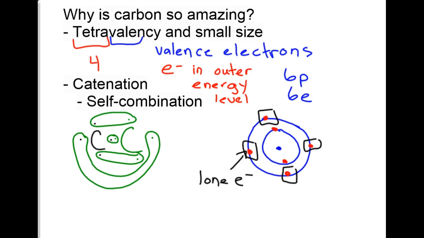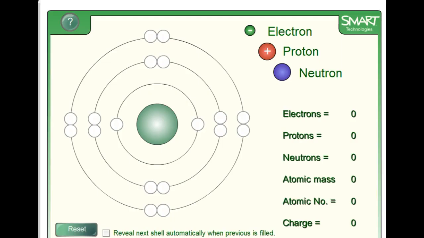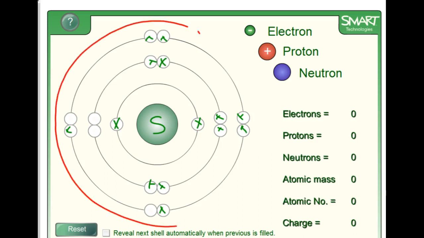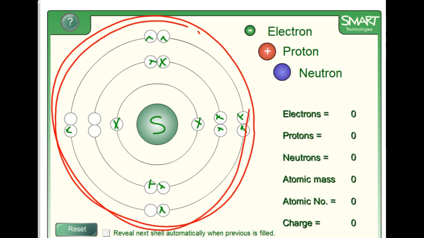How did you do with drawing a Bohr model of sulfur? So sulfur is number 16. That means it has 16 protons and 16 electrons. When we draw Lewis dot diagrams, we are only drawing dots for the electrons in the last energy level.